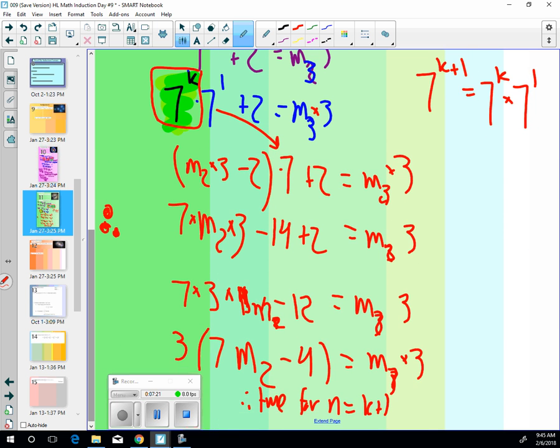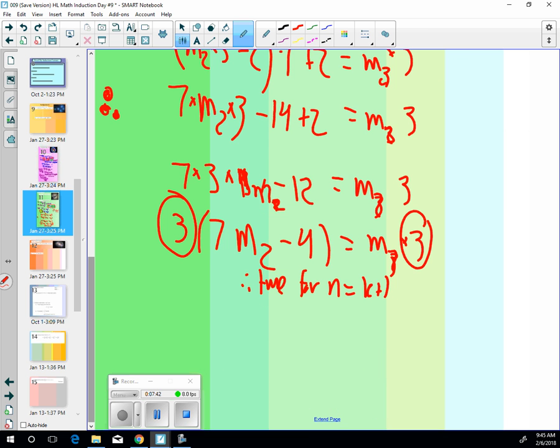And then multiply that out, you're going to get 7 times m2 times 3 minus 7 times 2 is 14 plus 2. Of course, that's negative 12. You can pull out a 3 out of both of those, leaving 7 m2 minus 4 is a 3 times a multiple of 3. And of course, because both sides have the 3, they're both multiples. So it's true for n equal to 1.